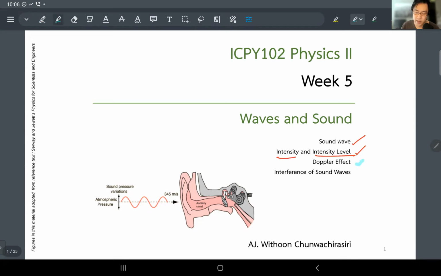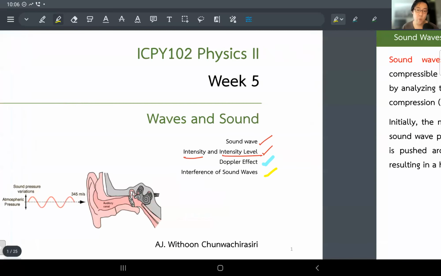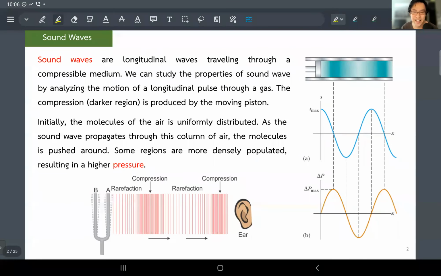We are going to look at that and how we can calculate things about it. And maybe next week after you're done with the exam, we'll talk about interference of sounds, and that will be later, right? Not for today. So the main things today, I'm going to show you two things, and once it's done, it's done. And you can get yourself ready for the exam.